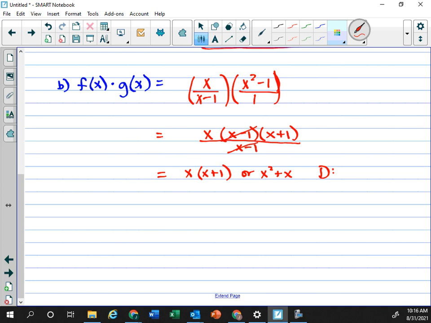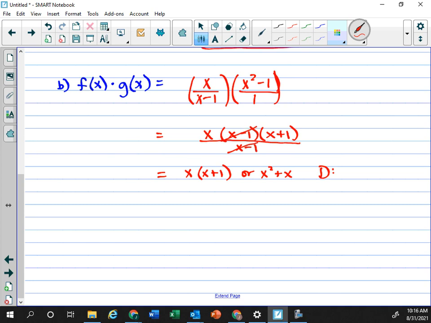Now, if you just look at the final step, you're like x squared plus x. There's no fractions, there's no square roots, anything like that. You're right, but that's not the only place the domain comes from. Remember, you have to look at these original functions that you plug in. So right here, x cannot be 1, so that's where my domain ends up. I have everything but 1.